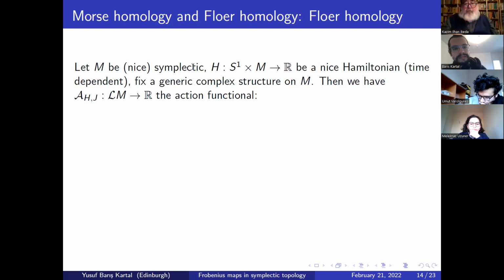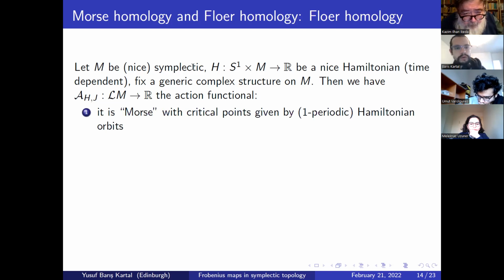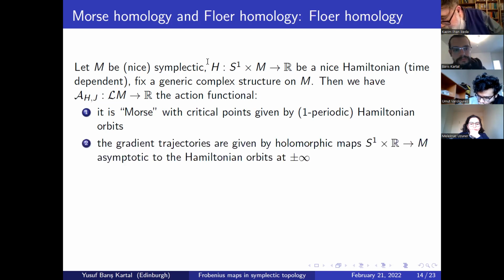And you can define the action functional. It's Morse, as long as your complex structure is generic enough. The critical points are given by the one periodic Hamiltonian orbits, the one periodic trajectories of the Hamiltonian vector field associated to H. The gradient trajectories are given by holomorphic maps from the cylinder to M, holomorphic with respect to the chosen complex structure.